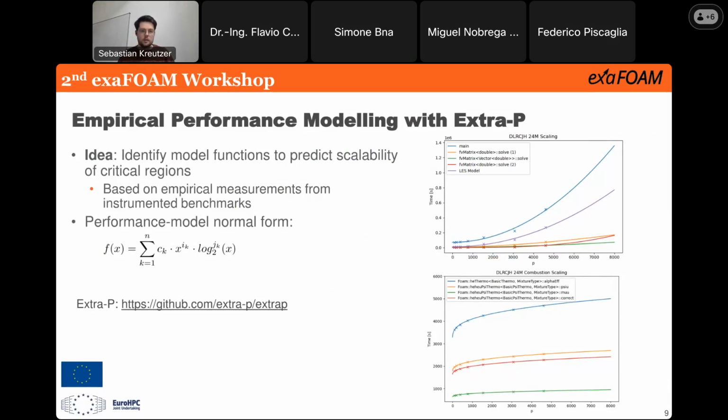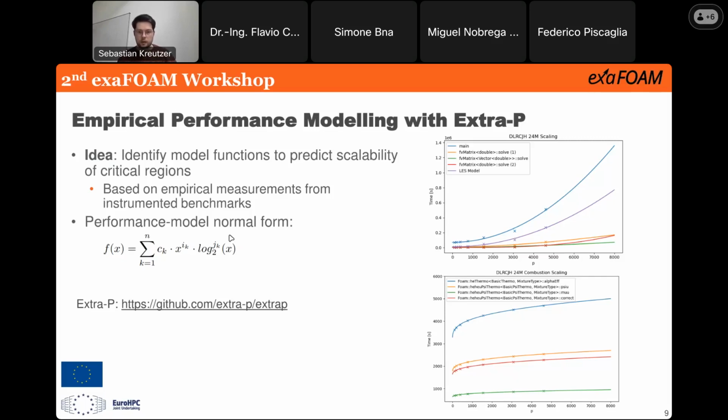So how that works is we do empirical measurements with different parallel configurations, and based on that the tool fits these measurements to a performance model normal form, which can then help to extrapolate the scalability of each of these functions, and helps to identify if there's a problem in terms of scalability in one of these components.